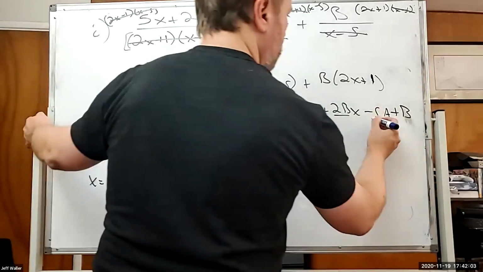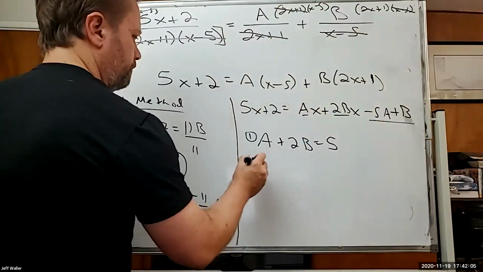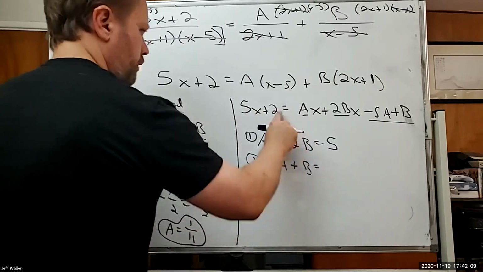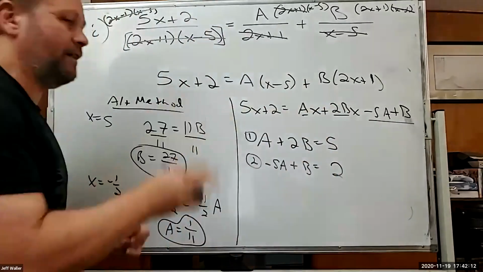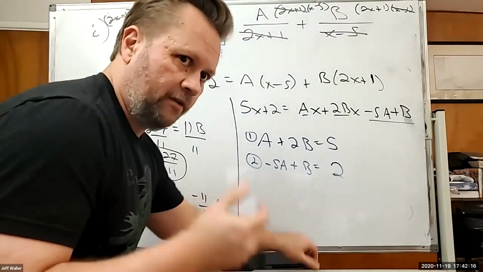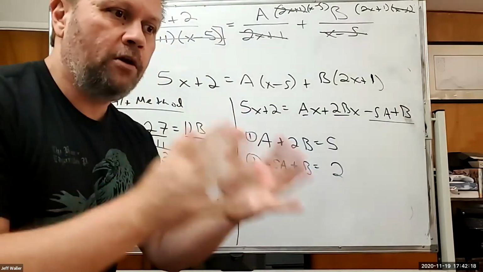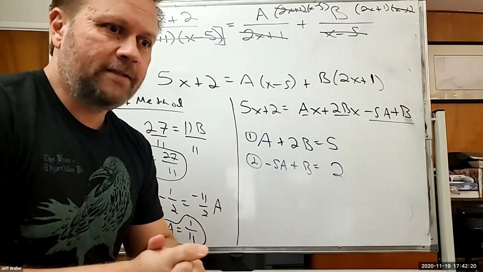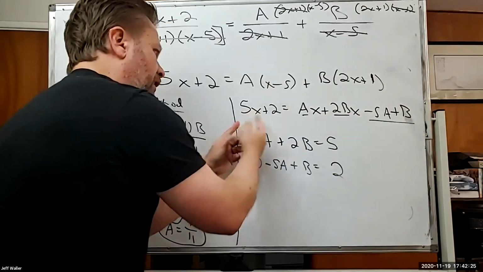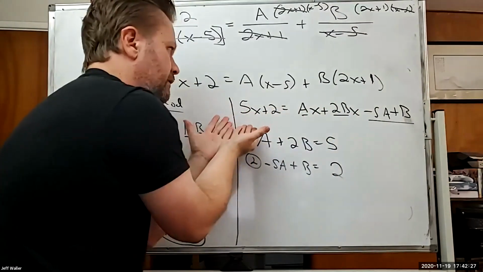And then what must negative 5a plus b be? Positive 2. Equals 2. I love it. Does everybody see that? And I love the name of this thing. The official name of this thing is equating coefficients. Because that's the only thing that's going to be true. If these two are supposed to be equal, then a plus 2b has to be 5 because that's what's in front of the x.